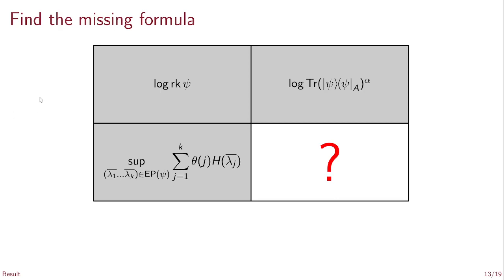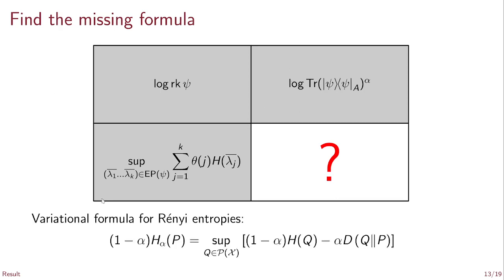And in order to do that, we should recall that these Rényi entropies also have a variational formula given by a supremum over probability distributions Q of a combination of the entropy of Q and a kind of distance from P, which is in this case the relative entropy distance.